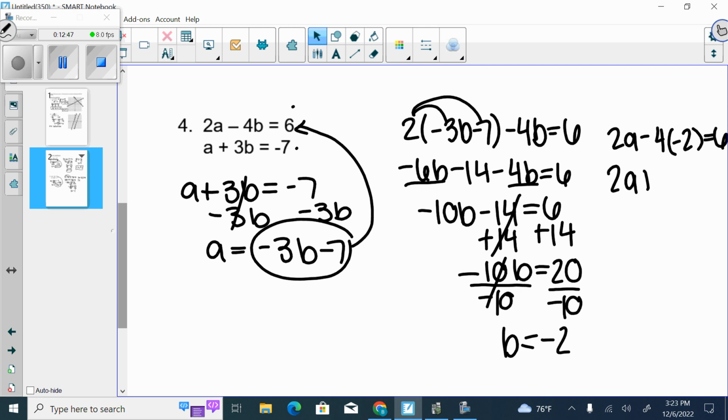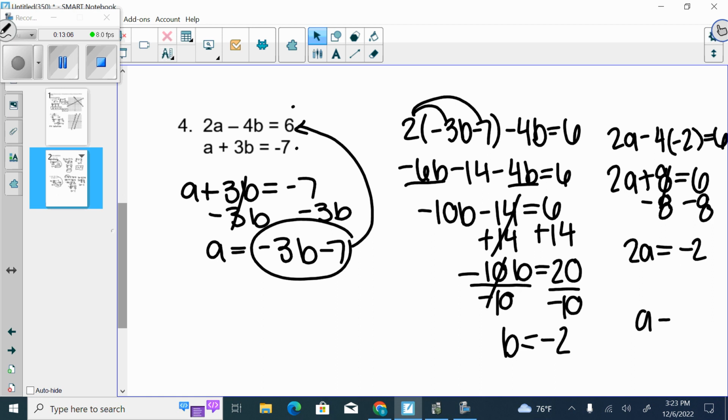Good. Then what should we do? Good. So 2a equals, what is 6 minus 8? Nice. Therefore, a must be, very good. We divide by that 2 and we do get negative 1.